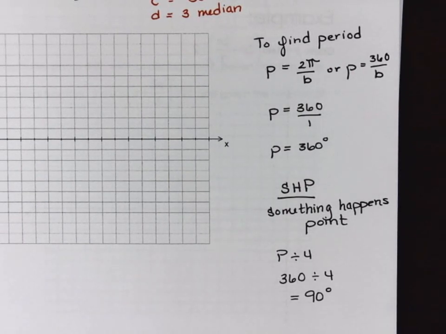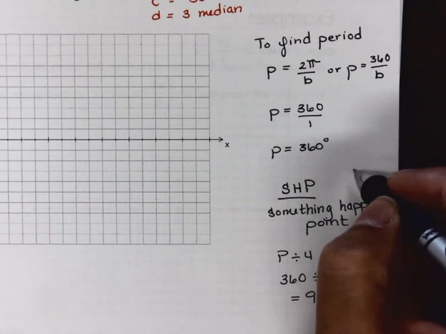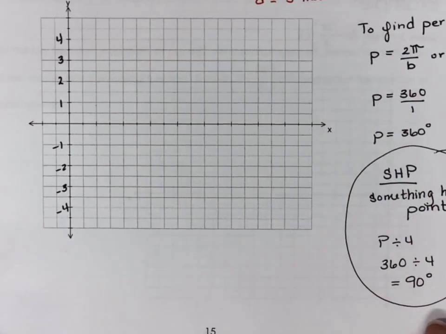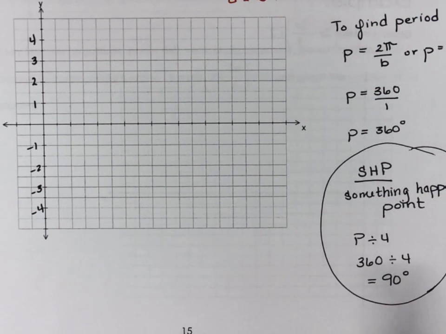So I know that every 90 degrees, something is happening. Is everybody okay with that? This may not make sense, but it will when we start graphing. This is helpful. You can do a table of values too if you prefer.